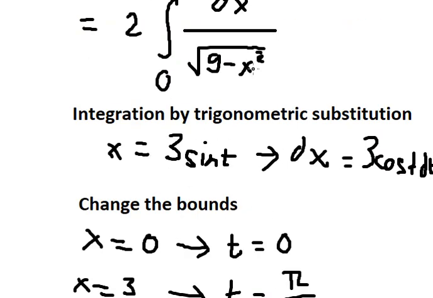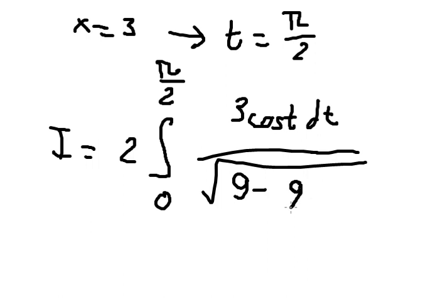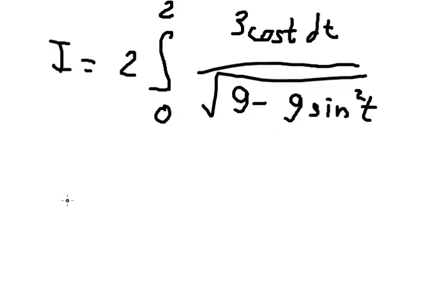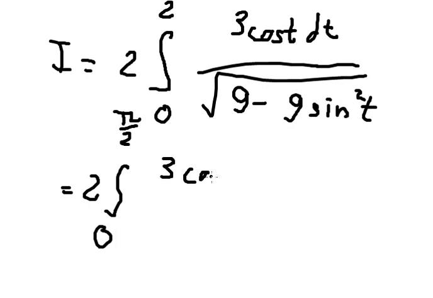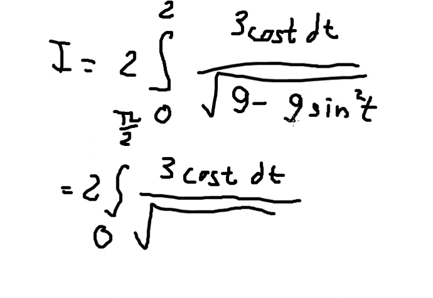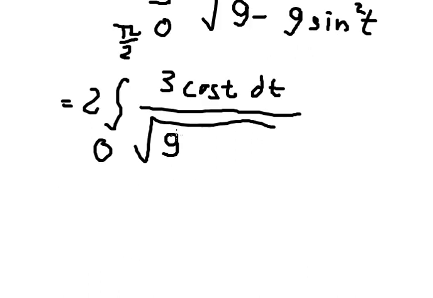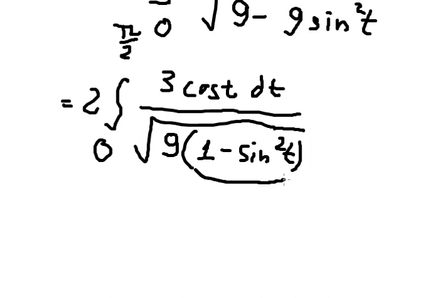So this one I will put in here. So we have 9 sine t squared. So 9 and 9, we can do factorization, and we have 1 minus sine t squared, and this is cosine t squared.